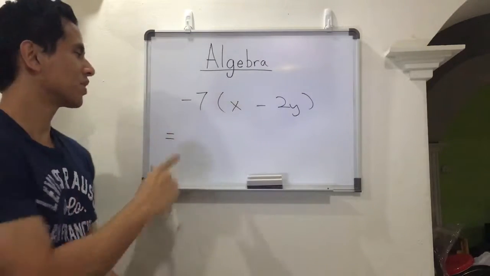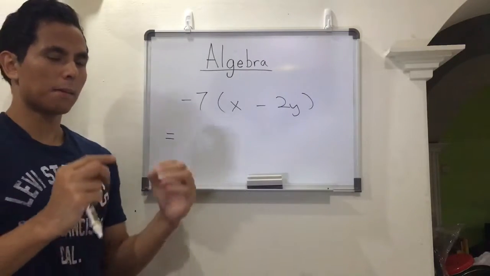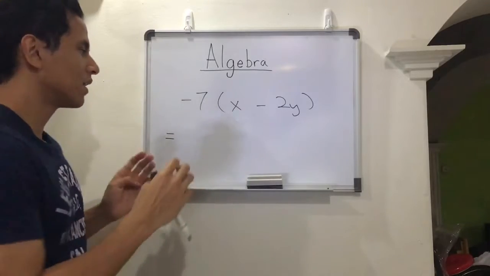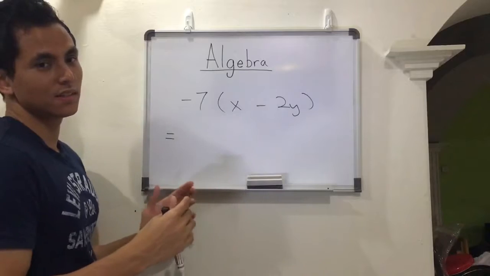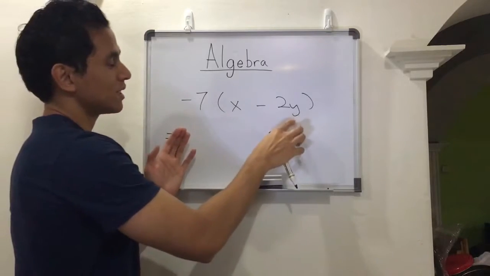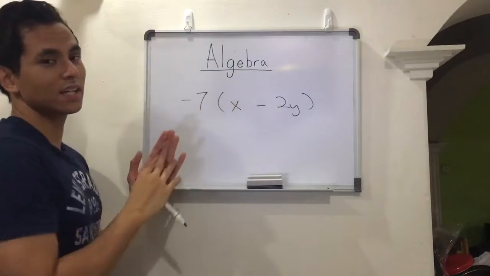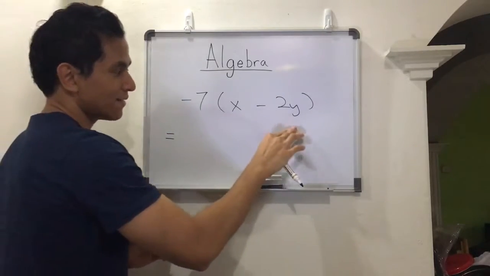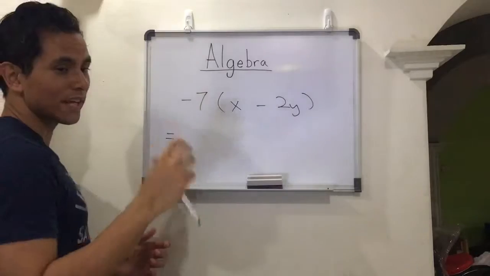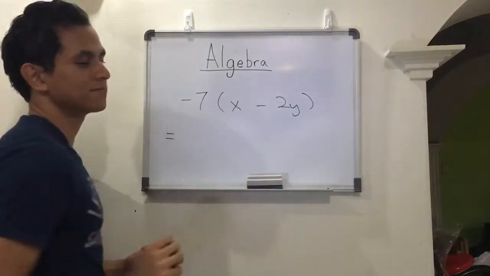It is slightly more tricky because it's a negative 7, but the same rules apply. x minus 2y cannot be simplified further. We always look at the terms inside the bracket first before looking outside. So that's why I'm focusing on x minus 2y first. We can't simplify it any further. Therefore, next we will just go about multiplying.